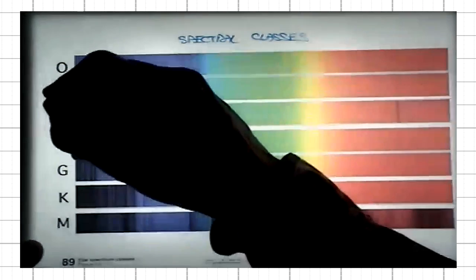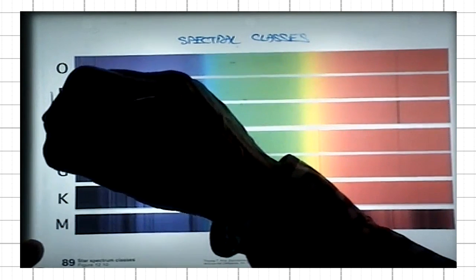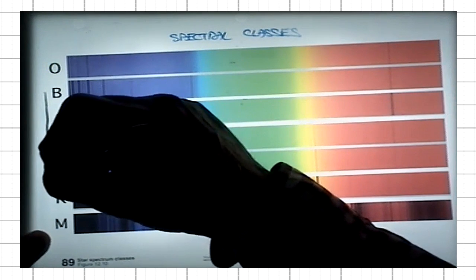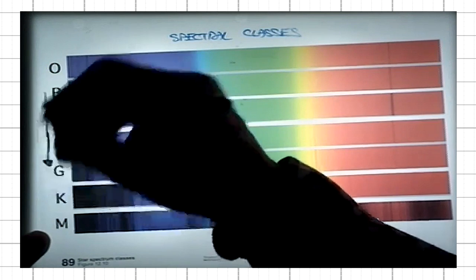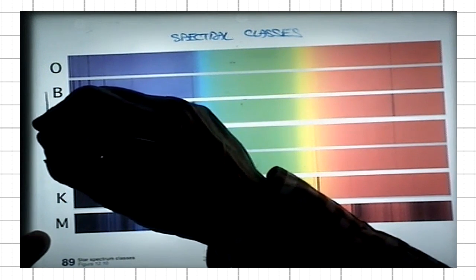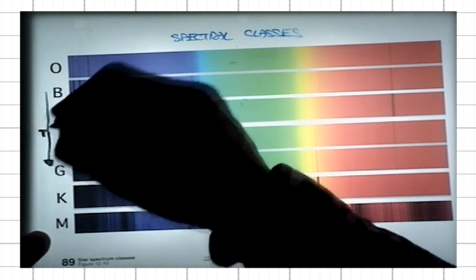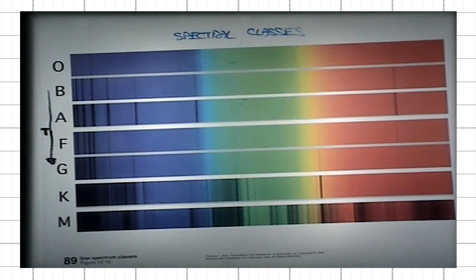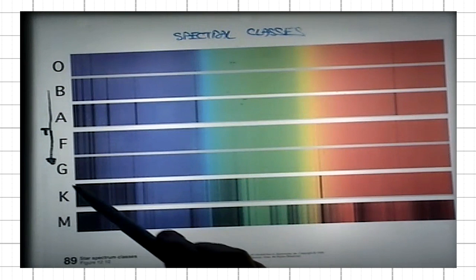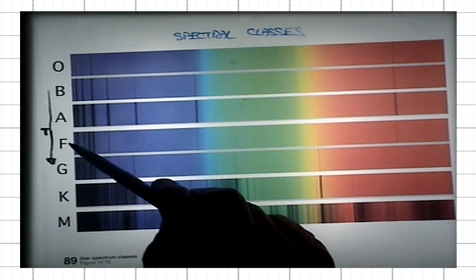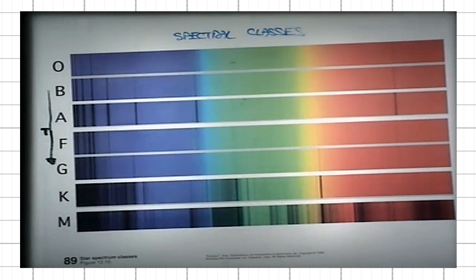So what these spectral classes tell us is the temperature of the star. As you go from O down to M, the temperature drops. And I ask you to know that, for instance, star B is hotter than star G, or that F is cooler than A, and that sort of stuff.